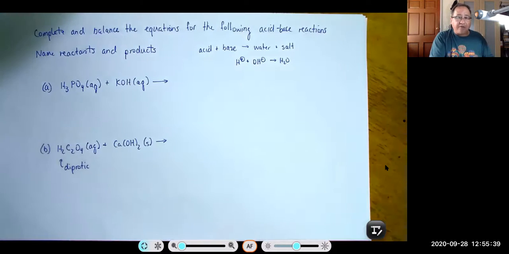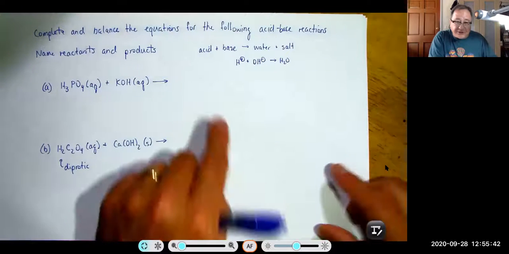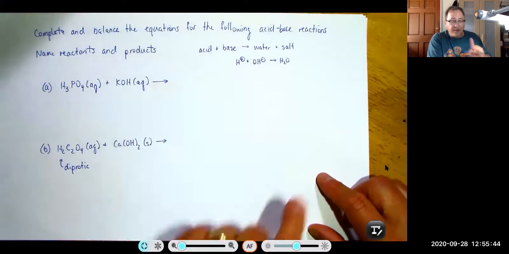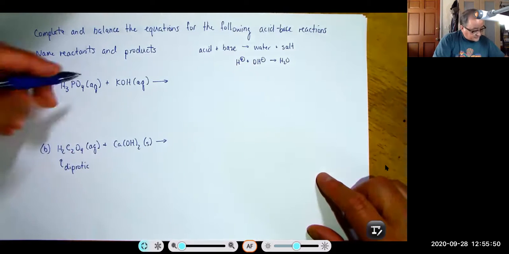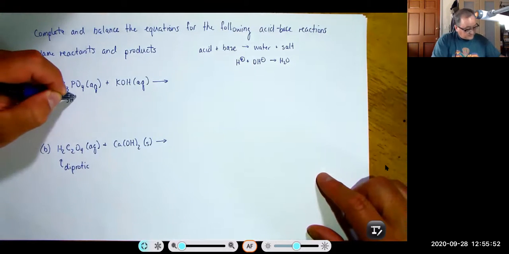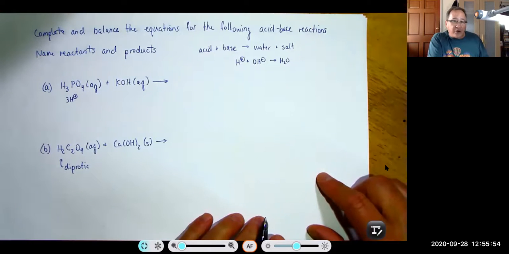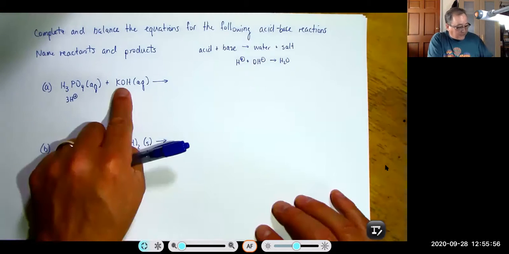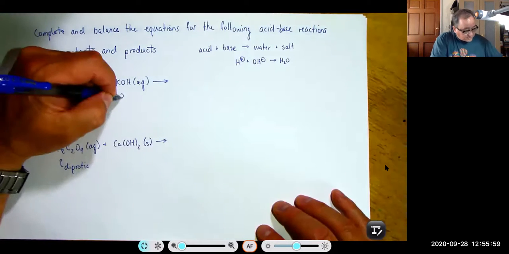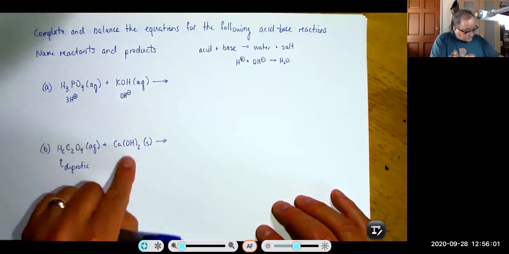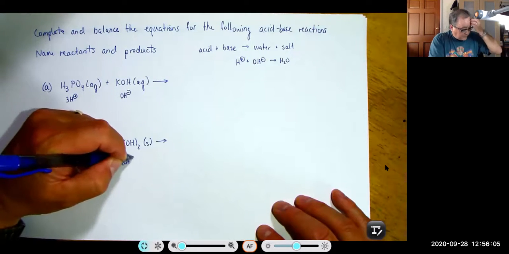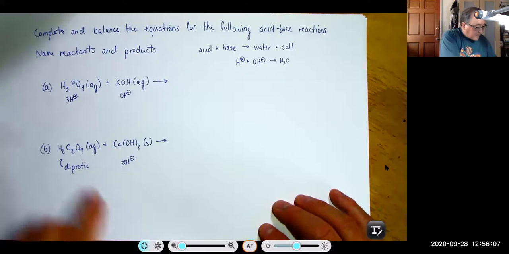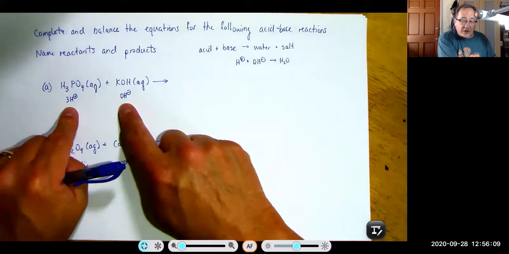So let me show you how to figure out how many hydrogens you have in your acid. Usually it's going to be right at the front of the formula. This has 3 hydrogens. Now, how many hydroxides does it have? Usually you can tell from the formula. No subscripts, 1, subscript 2. Okay, now, is this a ratio we want?